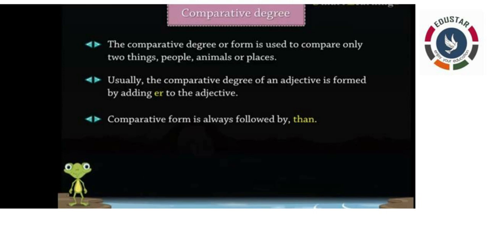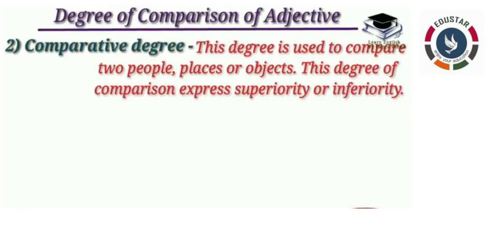Comparative form is always followed by than. Can you understand what is a comparative degree? Comparative degree is used to compare two people, place or objects. This degree of comparison expresses superiority or inferiority.